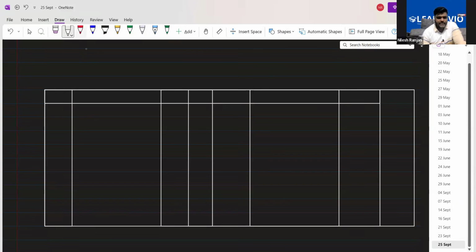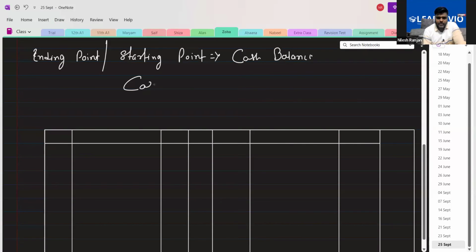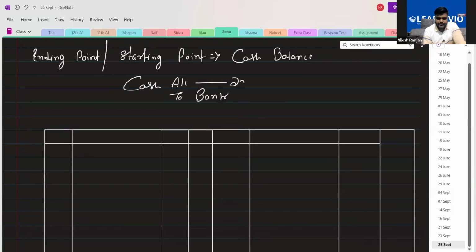So let's say the entry is cash account debit to bank, 10,000. So how will it be entered? That is the main confusion. If you're also confused with this, then first you should always write the amount.